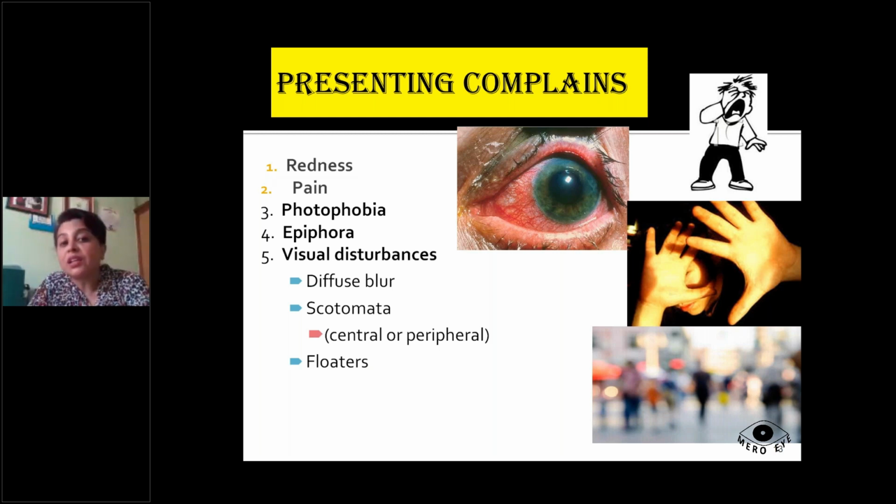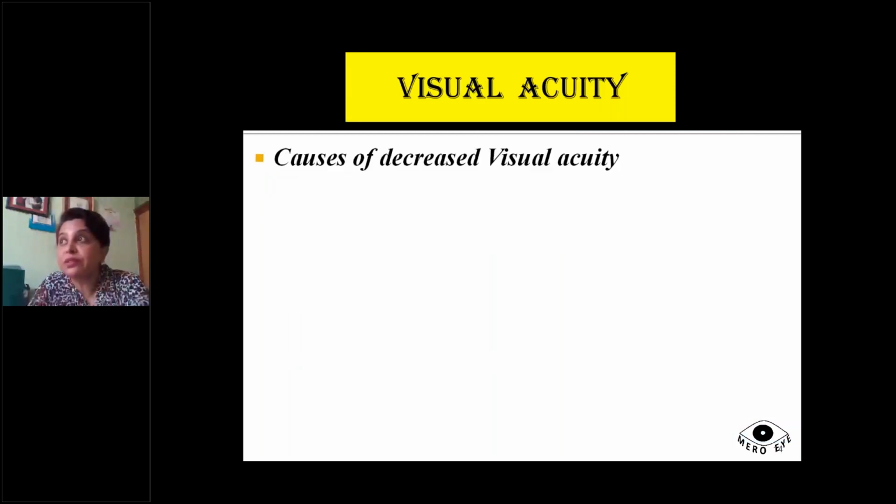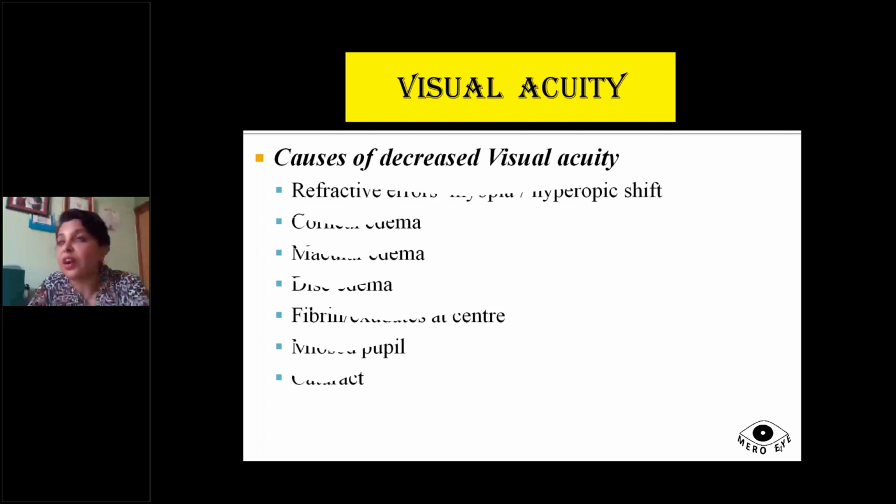Okay, the causes of decreased vision in uveitis could be because of a lot of etiologies. This could be because of a shift in the refractive error, a myopic shift because of an excavated lesion in the retina, or a hyperopic shift because of edema in the macula or Dick's edema.